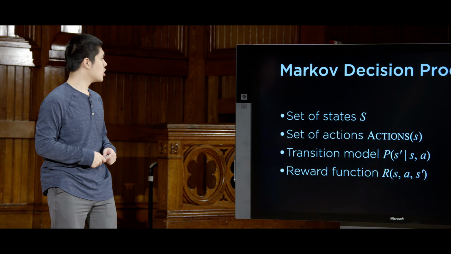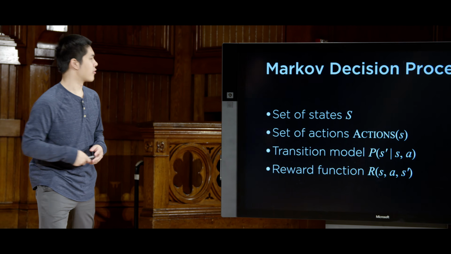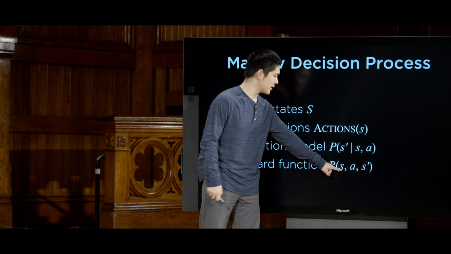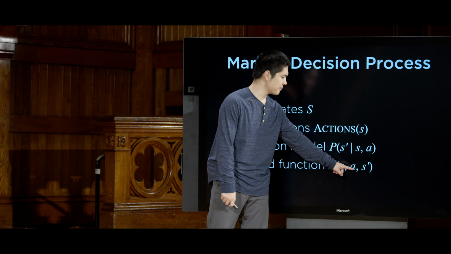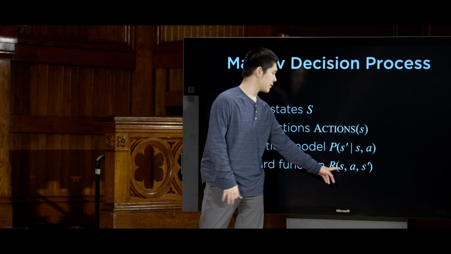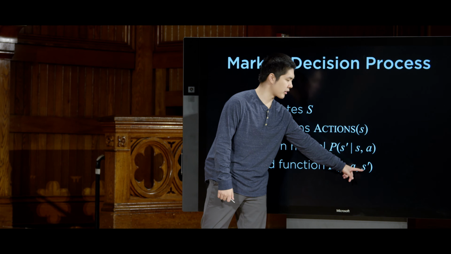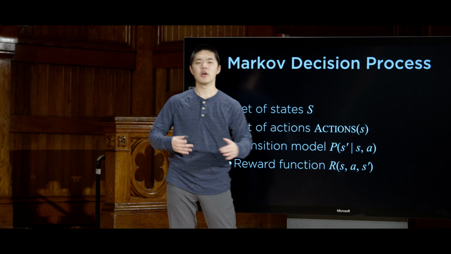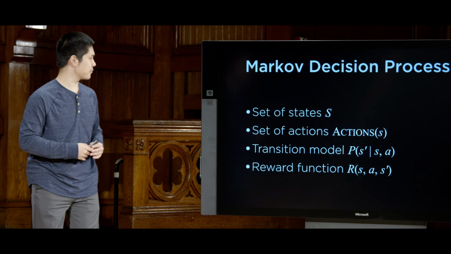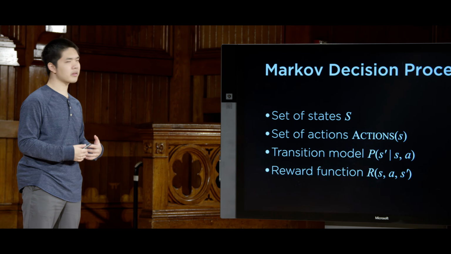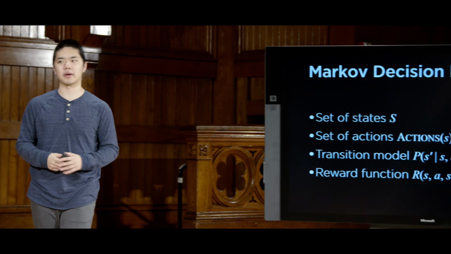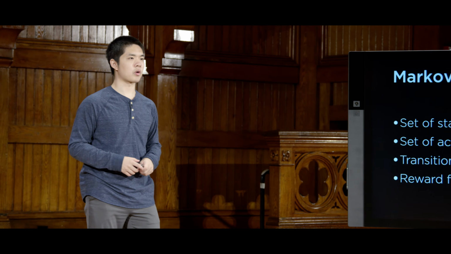And then finally, we have a reward function, generally called R, that in this case says, what is the reward for being in this state, taking this action, and then getting to S prime, this next state. So I'm in this original state, I take this action, I get to this next state. What is the reward for doing that process? And you can add up these rewards every time you take an action to get the total amount of rewards that an agent might get from interacting in a particular environment modeled using this Markov decision process.